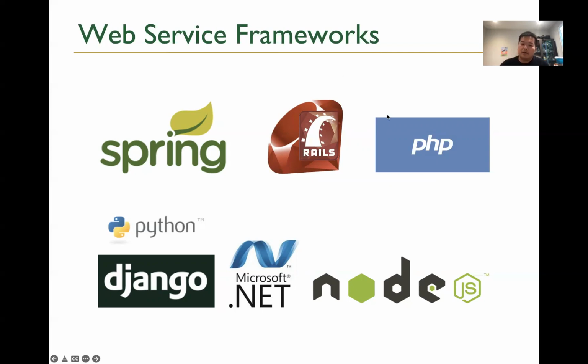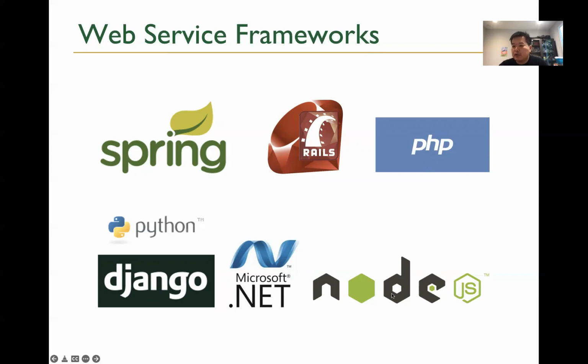Or you might have heard about Rails. Rails is a framework for the language called Ruby. That's why people often say Ruby on Rails, talking about the language and the Rails web service framework. PHP is a language, but also a web service framework.